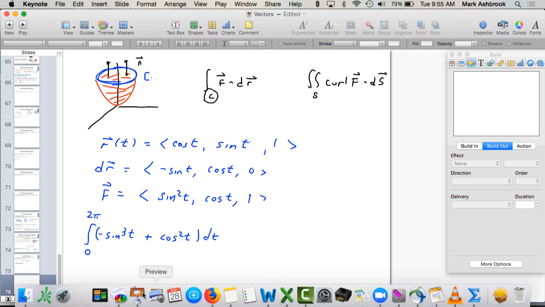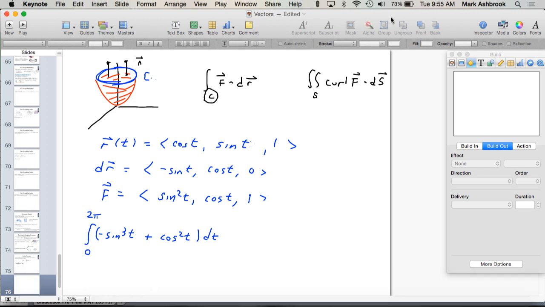All right, so let's evaluate it, and then we'll see what we got for the surface integral of the curl. Anyone get an answer?